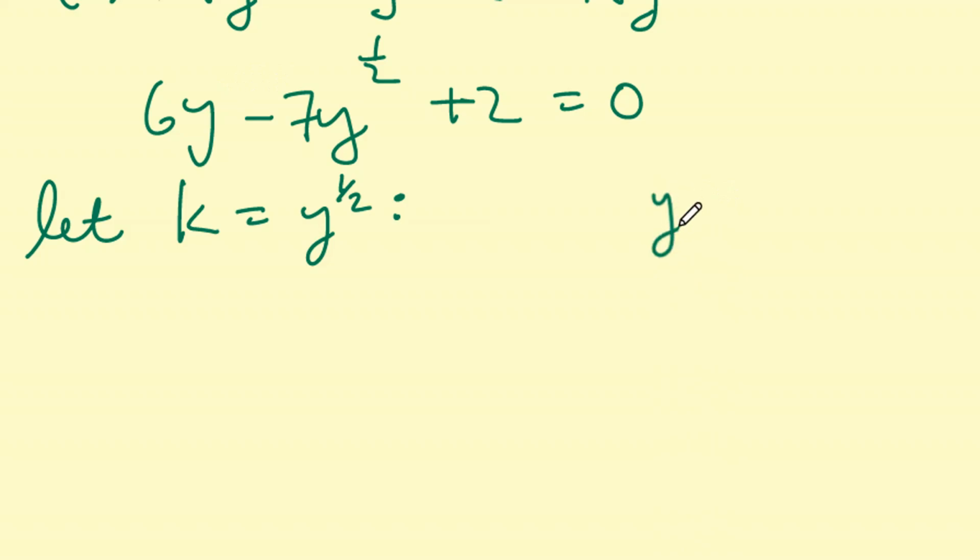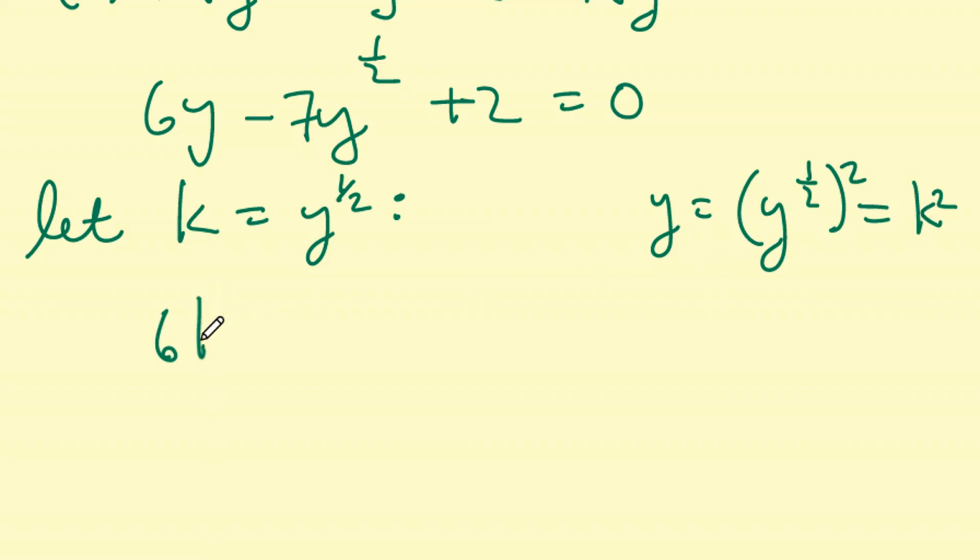Because remember, y is the same as y to the half, all squared. And y to the half is equal to k. So y will equal k squared. So rewriting this equation in terms of k, we're going to get 6y, and y is equal to k squared. So 6k squared minus 7y to the half, and y to the half is equal to k. So minus 7k plus 2 equals 0.